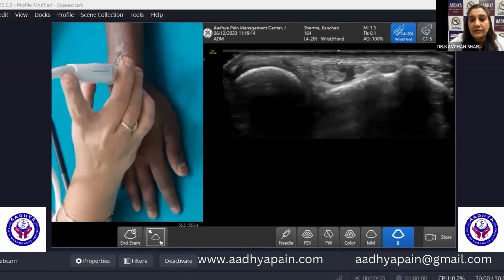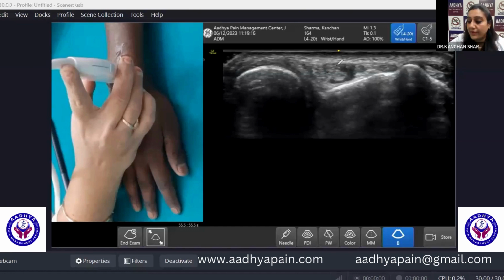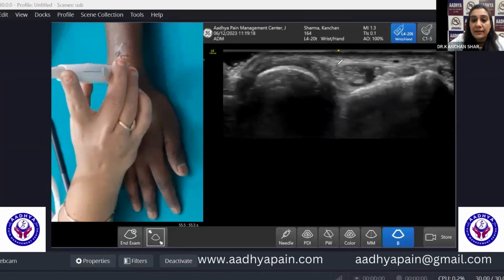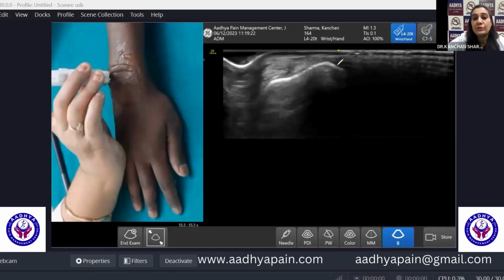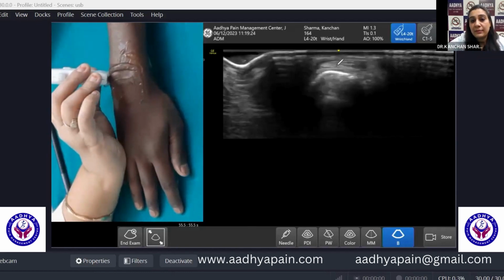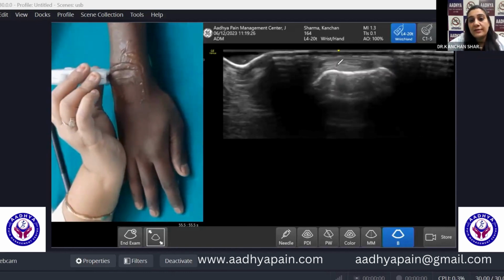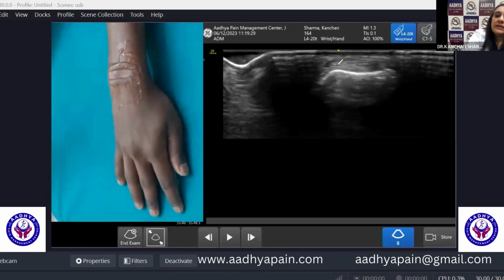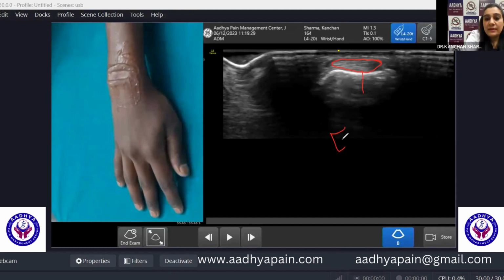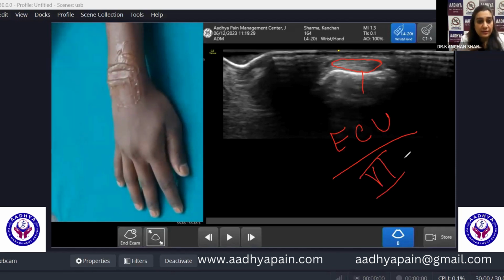We identified the third compartment, the fourth compartment, and then the fifth compartment, and now we are heading towards the sixth compartment. Okay, so what you are seeing here right now is the ECU. This is Extensor Carpi Ulnaris. That is the sixth compartment, right?